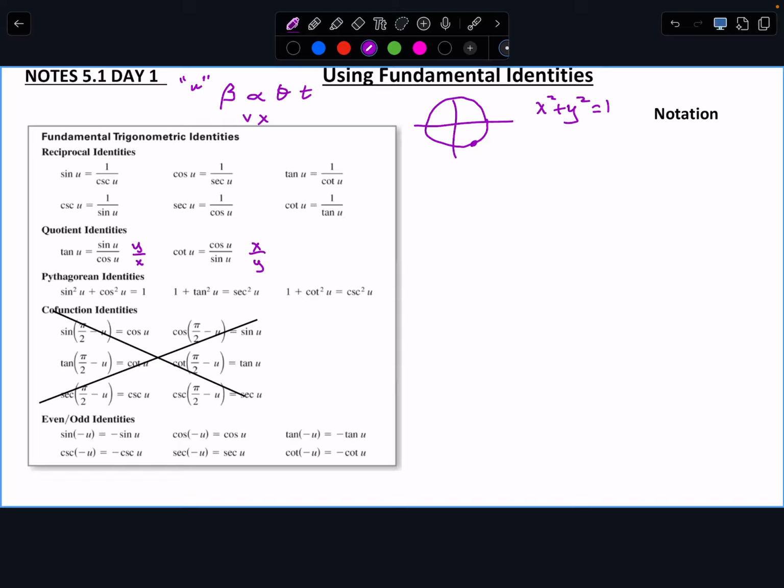Well, on the trig, we've talked about cosine and then sine for our x and our y. And so if I think about it that way, I get cosine of u squared plus sine of u squared equals 1.